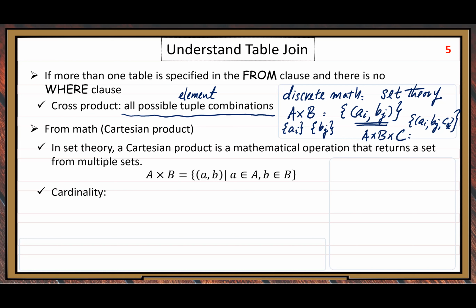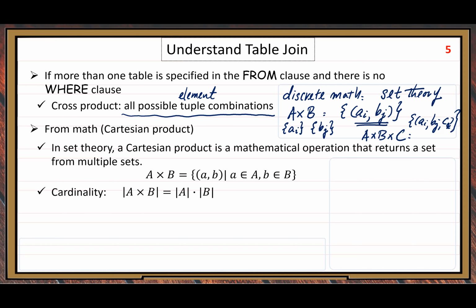Cardinality is the number of elements in a set. We use this name, cardinality, to define the number of elements in a given set, and we use the vertical bar notation, like absolute value. But here it's not absolute value, it's the cardinality.